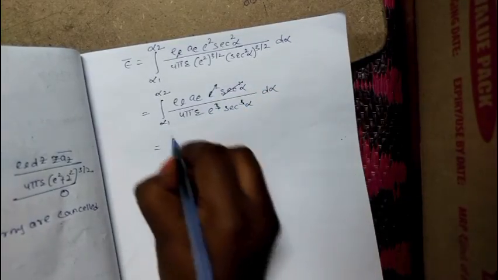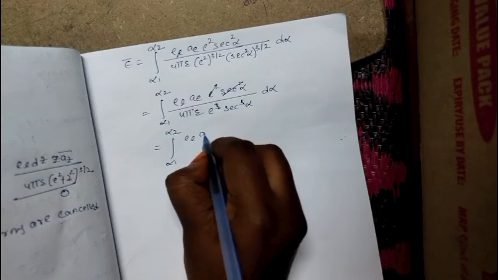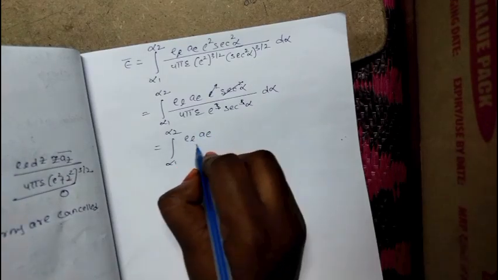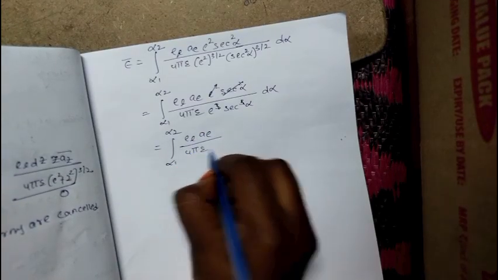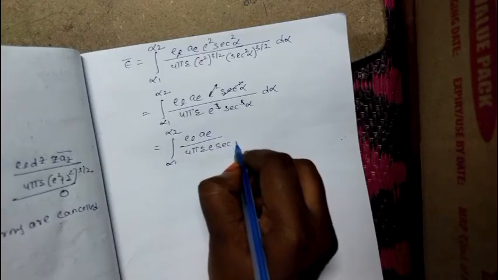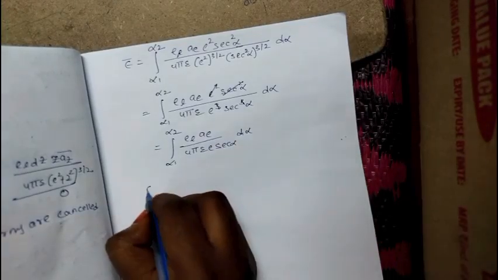Next, integral alpha 1 to alpha 2 of rho L a rho bar by 4 pi epsilon rho secant alpha is final.